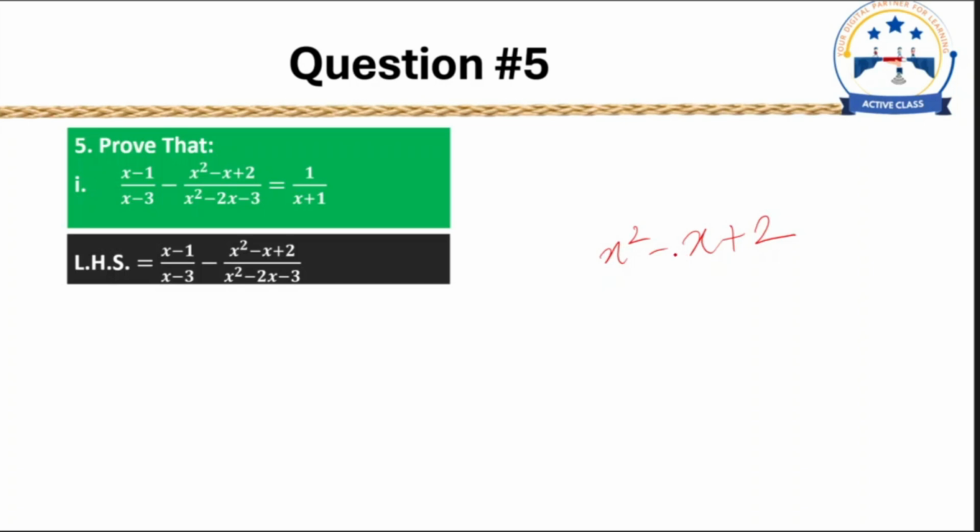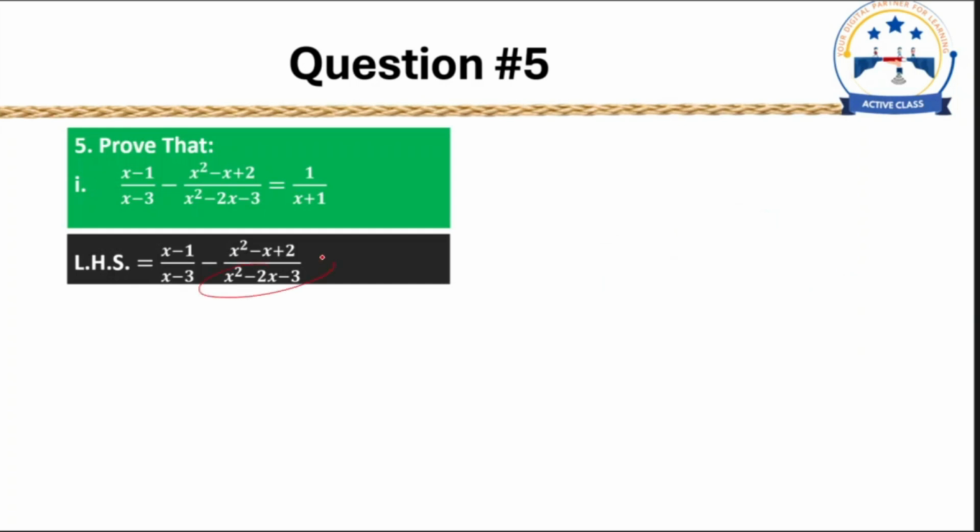The middle term is 1. So if you have to form 1x by using the factors of 2, 1 and 2, and since there is plus, by adding these two factors we have to make a 1. That is not possible. So if it was minus, we could factorize it, but it is plus, so we cannot split the middle term. Means the numerator is not possible to factorize.